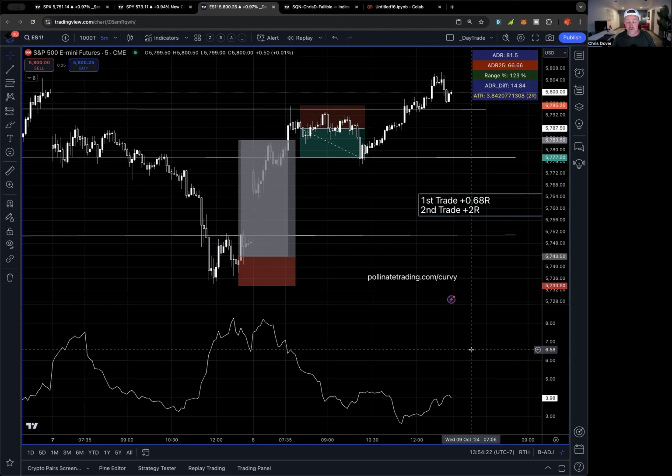Any prop firm, whether a tryout prop firm or a real funded prop firm, has risk management in place, regardless of what level you're going to. So it's really important to understand what the risk management is.